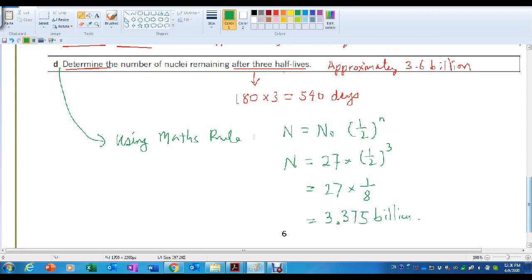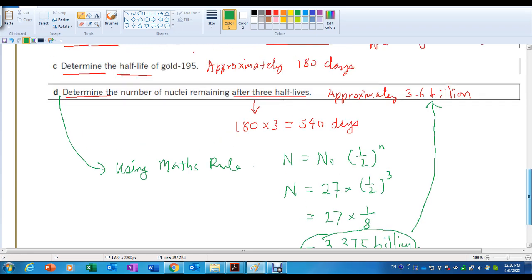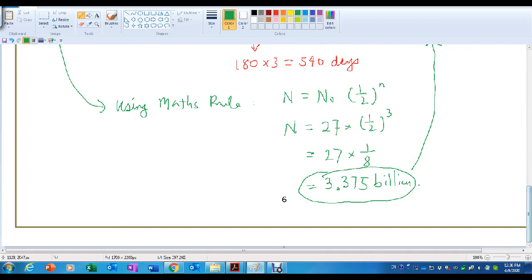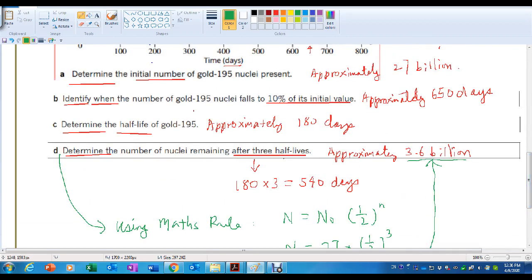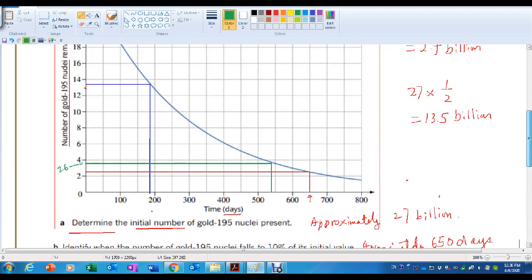So when you compare this one to the one we found from reading the graph, you see there are some errors here due to the limitation of our drawing.